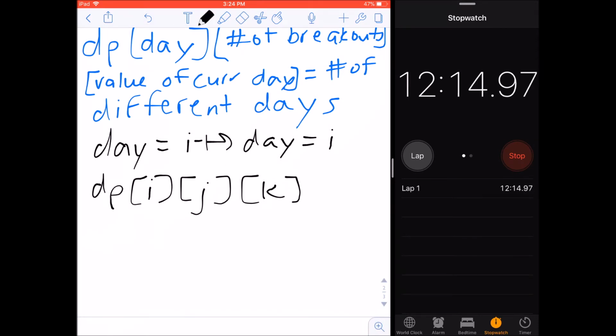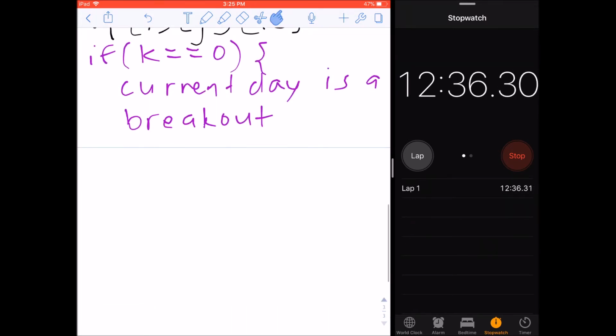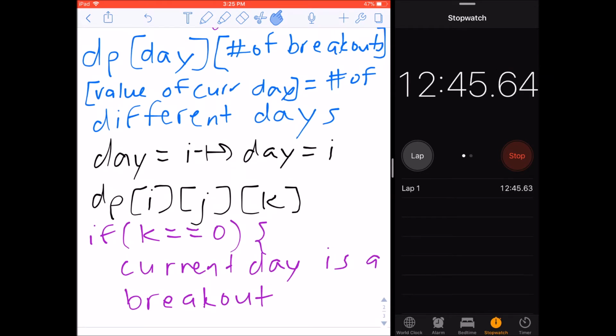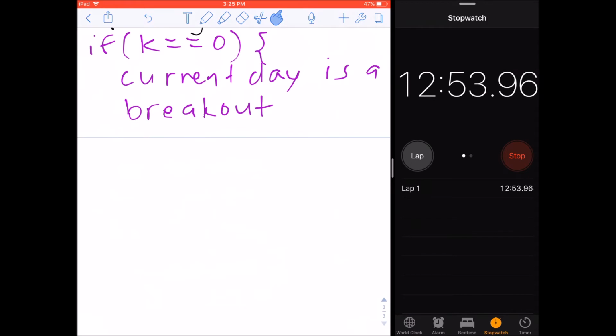Okay, so if k equals 0, then we are breaking out on the current day. So if we're breaking out on the current day, then this means that the number of breakouts, which is j, has increased by 1. So it is a minimum of a bunch of stuff.